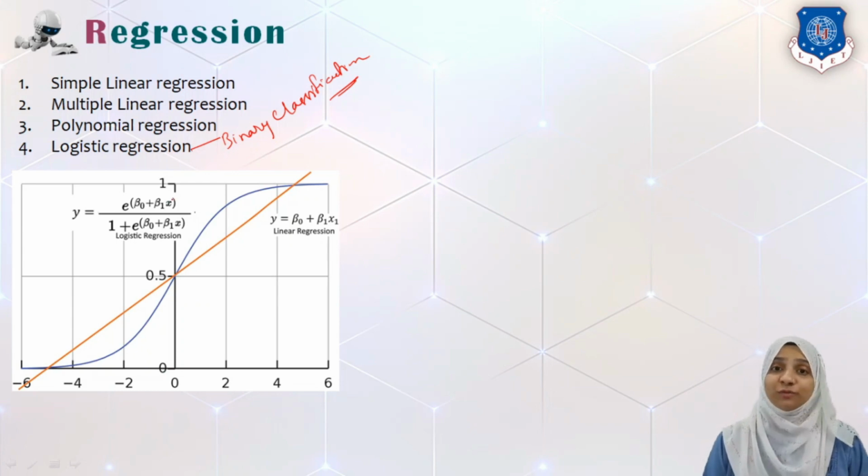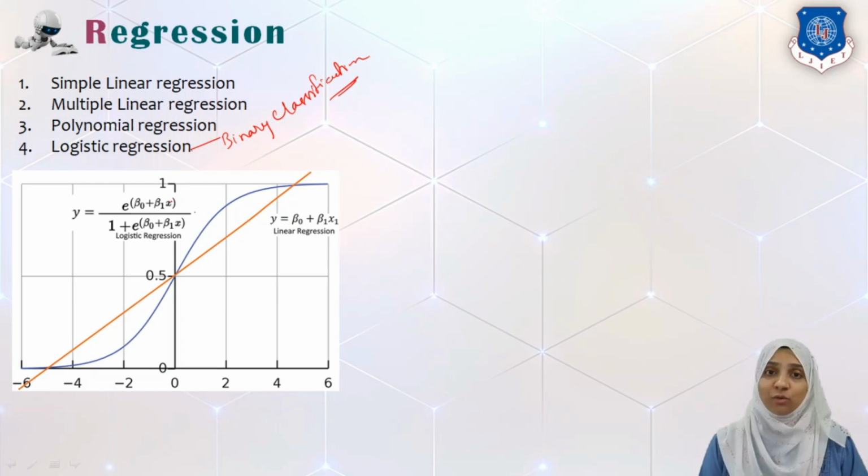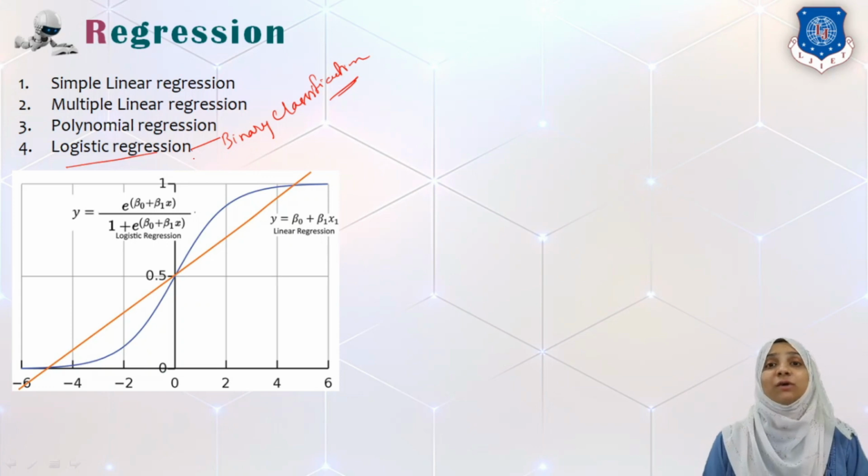For example, those problems whose output can be predicted as 0 or 1, yes or no, -1 or 1, those kinds of classification problems can be addressed more correctly by a logistic regression model. But since it is handling real values, we can also use this model to solve regression problems.